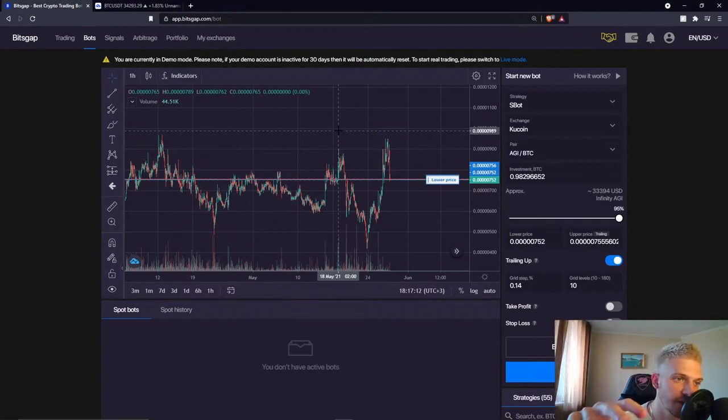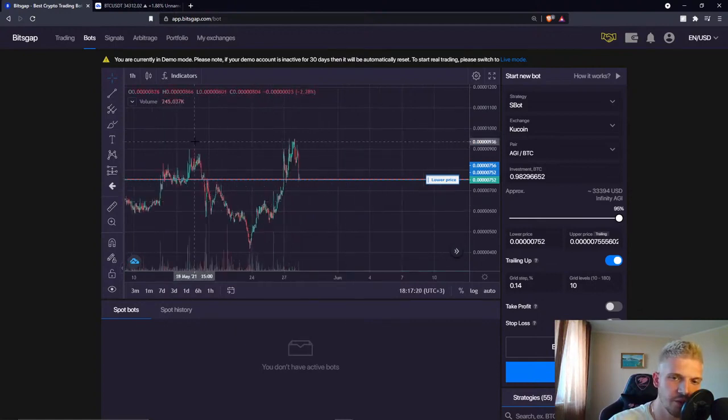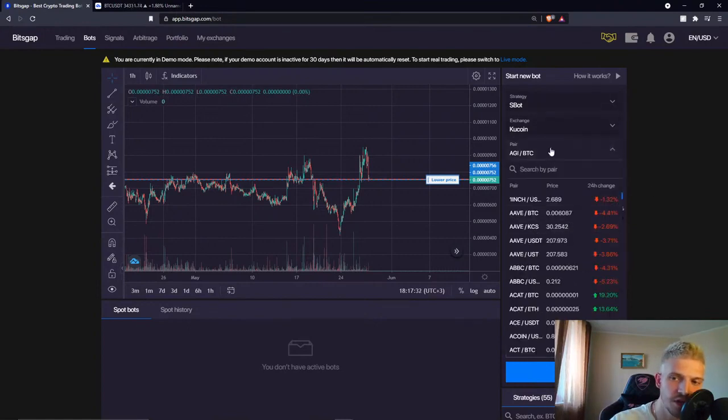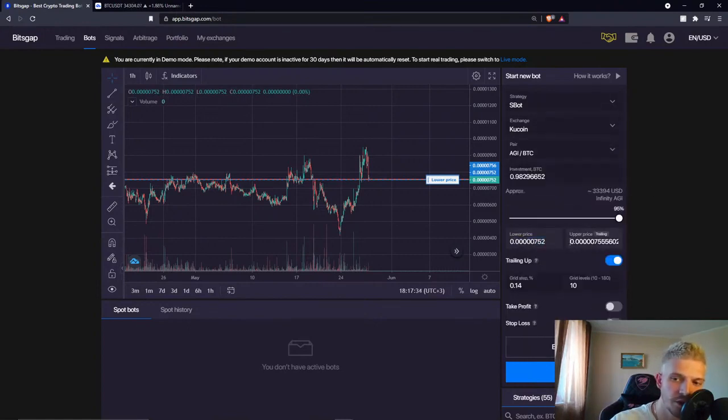Doing it that way, that transparency and integrity is something that you can really find only on Bitsgap, and that's a very cool thing. You don't need to risk your real money. Take your time, use the virtual money, and play with as many configurations as you can come up with using this simple configuration dashboard here that we have.